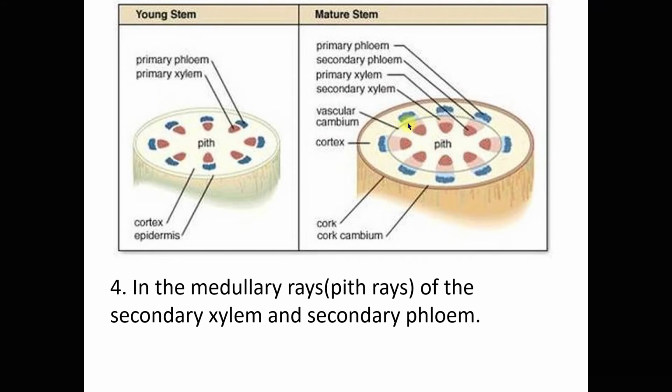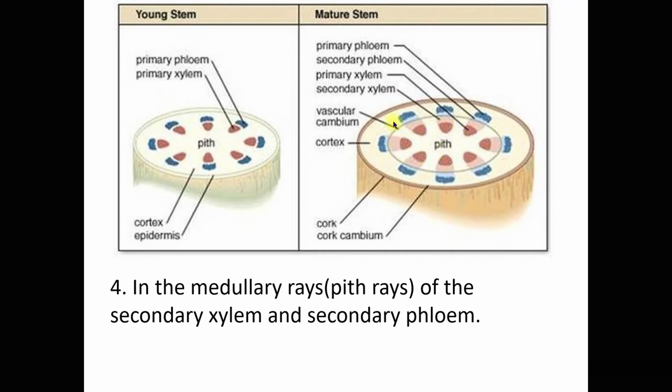Yang merah ni, yang pink ni ialah secondary xylem, which you are able to determine the age of a woody plant based on the number of rings from this secondary xylem. And then we have this secondary phloem yang light blue ni, and then ni lah primary phloem yang dark blue ni. So this is where yang medullary rays ini, di mana parenchyma cells can be found.